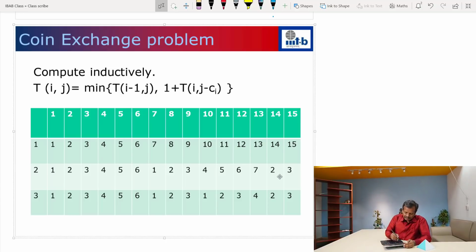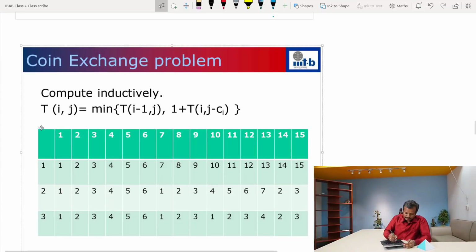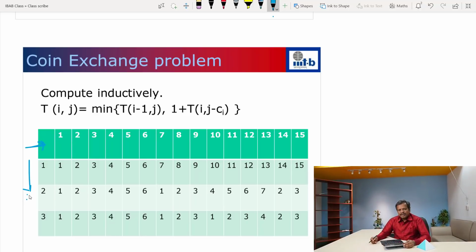So, the first column is the indices for our i. j goes from 1 to 15, and i goes from 1 to 3. The number of coins here is k, right. So, k is 3 here.